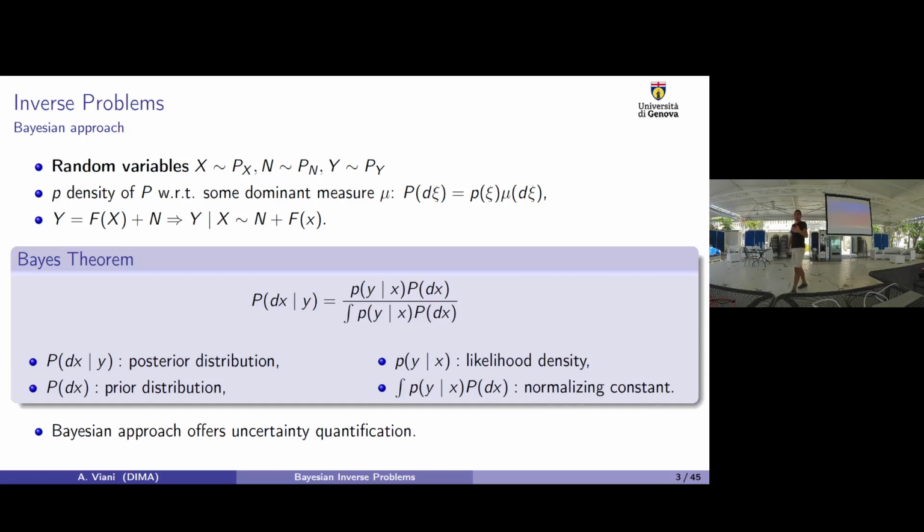With a Bayesian approach, the posterior distribution that we would like to reconstruct has different peaks and could be more or less peaked depending on our uncertainty for the given solution. So the variance.